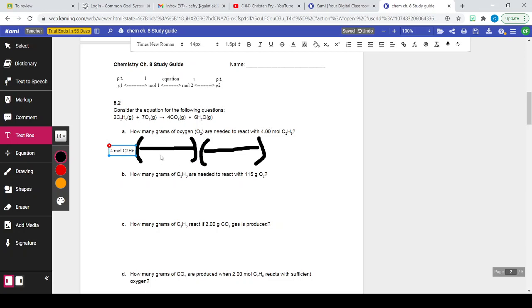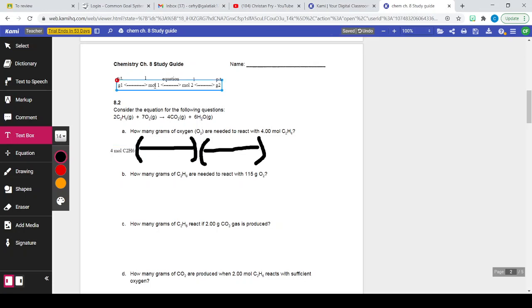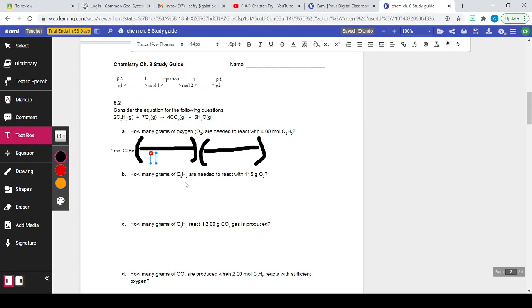Alright, so that means that my first step is going to be a mole to mole, so I'm going to be using the equation. So I'm going to look up here at my equation and see that I've got 2 moles of C2H6, getting that from right here. And now I need to switch over to oxygen. So there's 7 moles of oxygen in that equation. So I'm going to write 7 moles of O2. Alright, so right now these two things have canceled out, so I'm going to now do the second step from moles to grams.